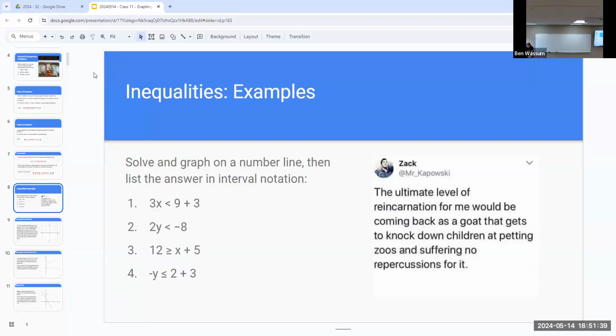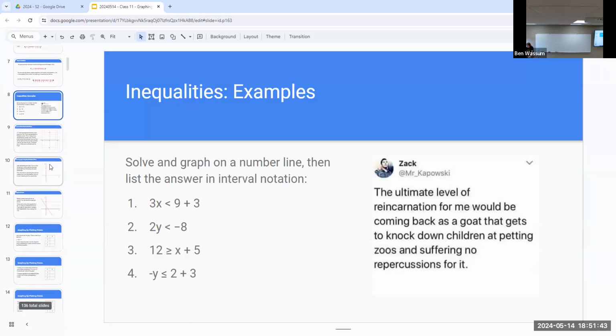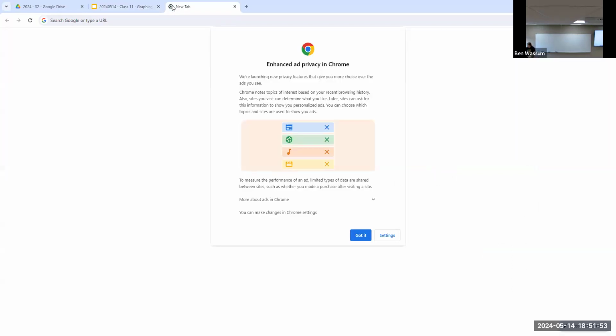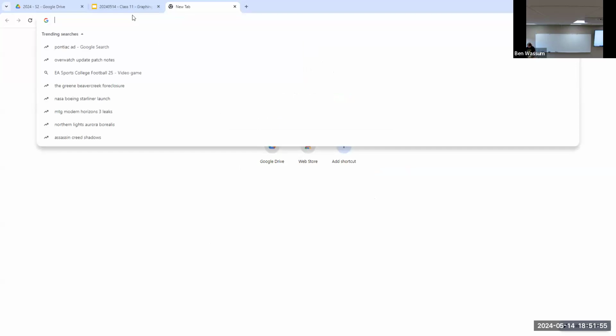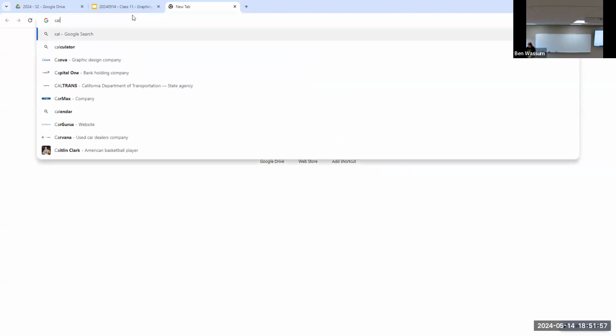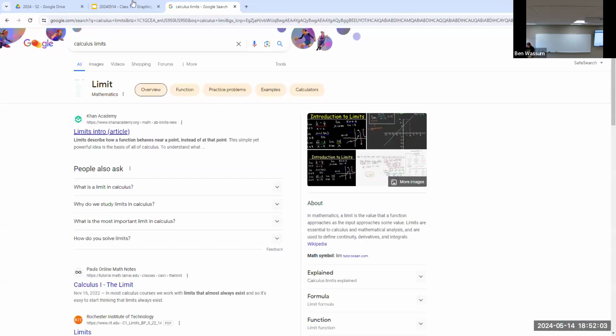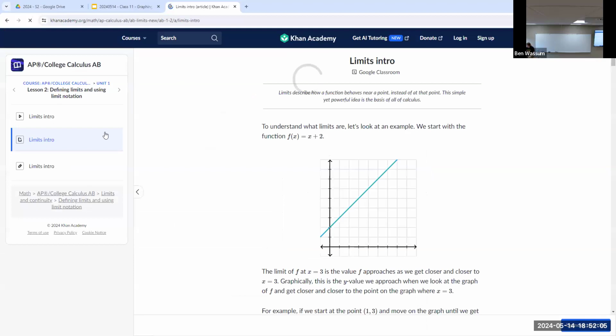Watch that. I mean, I did just say the limit approaches infinity and you haven't even looked at limits. You want to see something horrifying? First chapter of calculus.